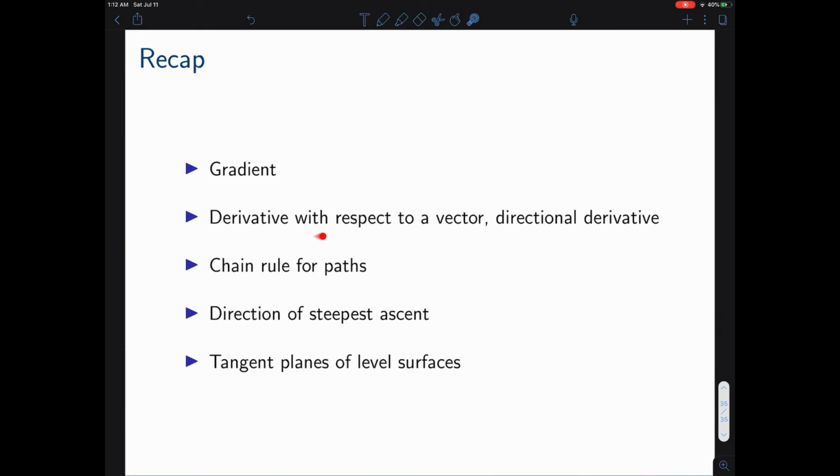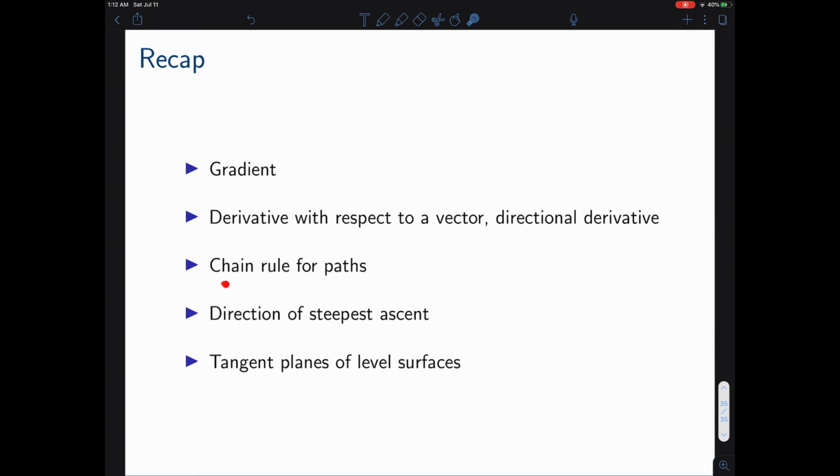We talked about derivative with respect to a vector and the directional derivative, and these are things that let you take a derivative in any direction, not just the x, y, or z axis directions, but it could be in between or diagonal directions. And we saw that derivative with respect to a vector basically just came down to doing a dot product with the gradient.